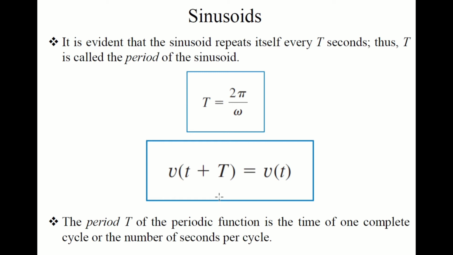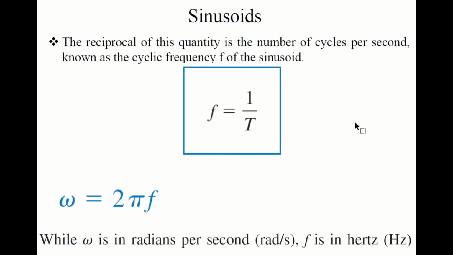As I mentioned in the previous slide, there's a period T which completes one set of the sinusoid waveform. So the equation is T equal to 2 pi over w. Other than that, we also need to know this equation, f equal to 1 over T. T is the period of time and f is the frequency.